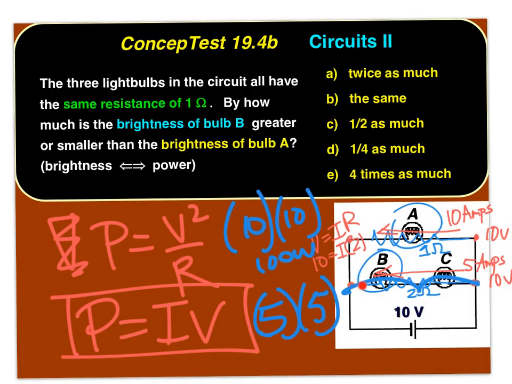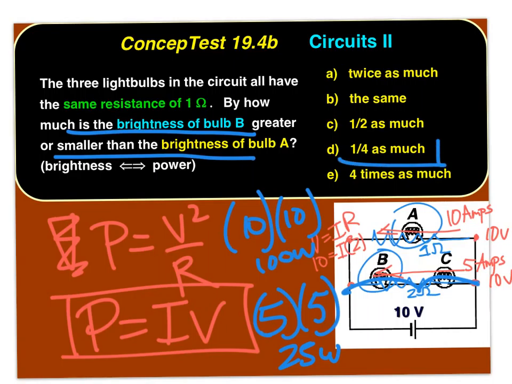So, yes, we said there's 10 volts from here to here, but notice how that's a voltage drop over here and over here. So we would only have 25 watts going, or bulb B would be drawing 25 watts. So let's see. By how much is the brightness of B greater or smaller? So B is 1/4 as much.